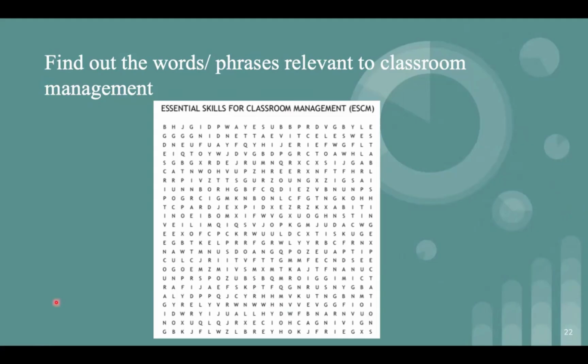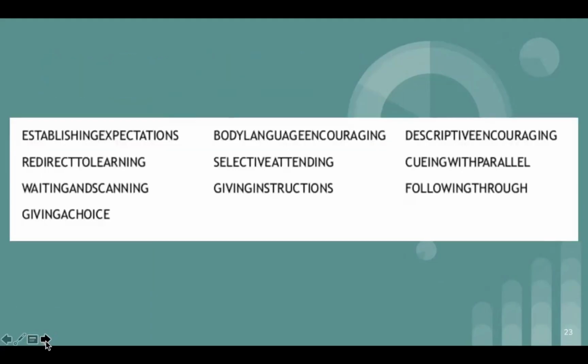So you have establishing expectations, body language encouraging, descriptive encouraging, direct to learning, selective attending, queuing with parallel, waiting and scanning, giving instructions, following through, and giving a choice. These are the words that were in the word list before this slide.